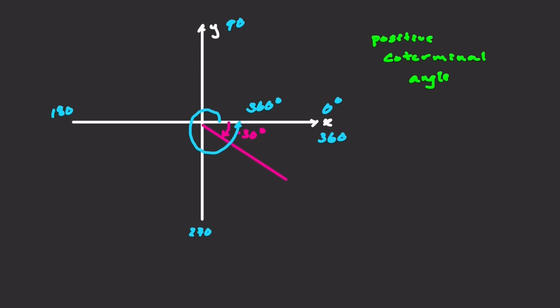So what that will look like is we did our full loop, and then we need to push it back by 30 degrees. So this will end up giving us 360 degrees minus 30 degrees. And our positive coterminal angle for negative 30 degrees is positive 330 degrees. And that is how you find coterminal angles for angles on the Cartesian plane.